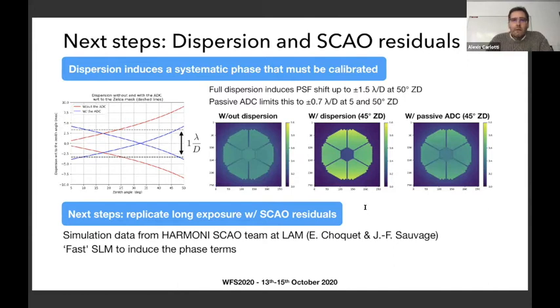With an SLM, we usually have at least 500 by 500 actuators. We can go up to at least 1,000 or 2,000 on each axis. So we can get some very high spatial resolution structure with this type of device.